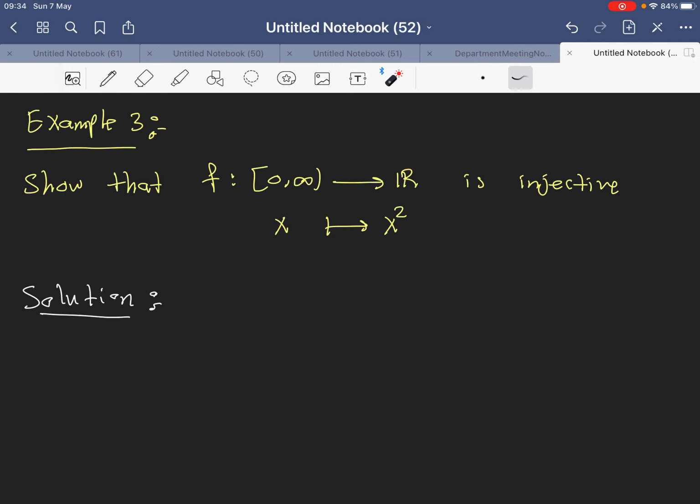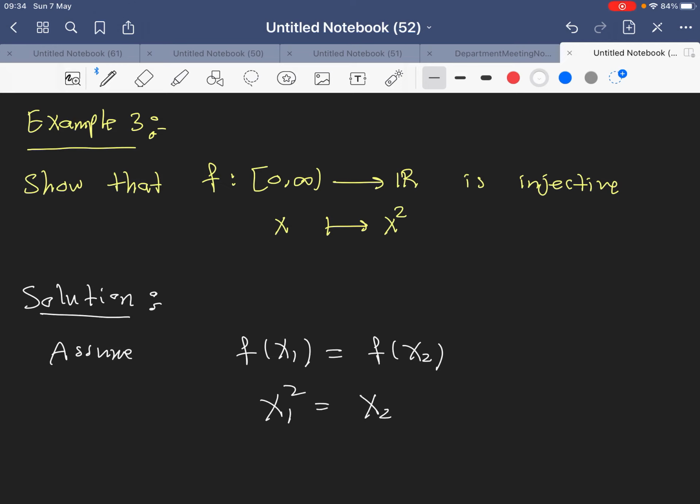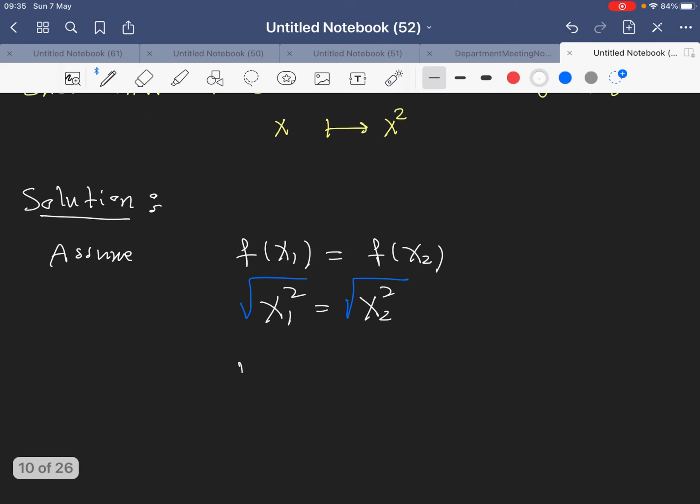So here we need to prove that this function is injective. Let's see if we will get the same problem as before. So assume f of x1 equal f of x2, which means x1 squared equal to x2 squared. I'm taking the square root for both sides. And that would leave me with absolute value of x1 equal absolute value of x2.